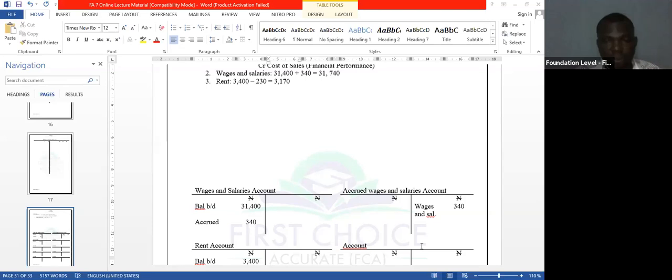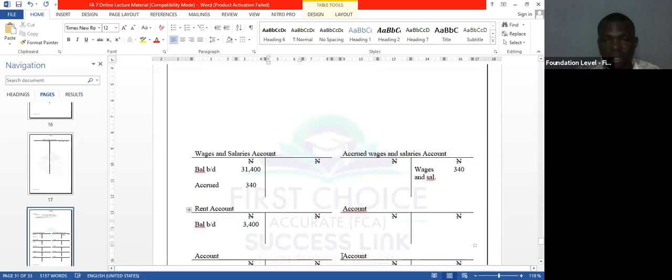We have not enjoyed part of it. So we reduce it, because I said rent prepaid. This is the total money I've paid, 3,400, but prepaid is what we have paid in advance. Which means that this 3,400 includes some amount of money that's not meant for the accounting year that we're in. So we need to reduce it. So we come here and put prepaid.